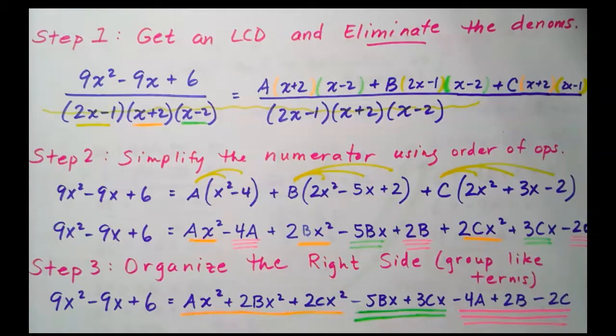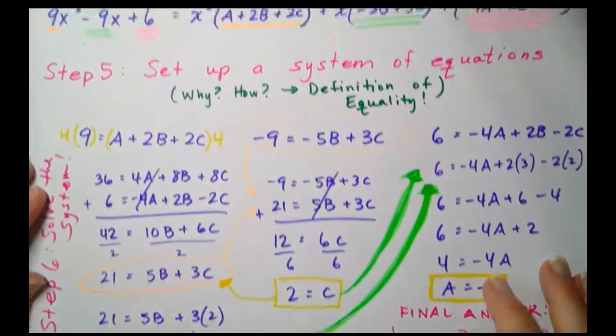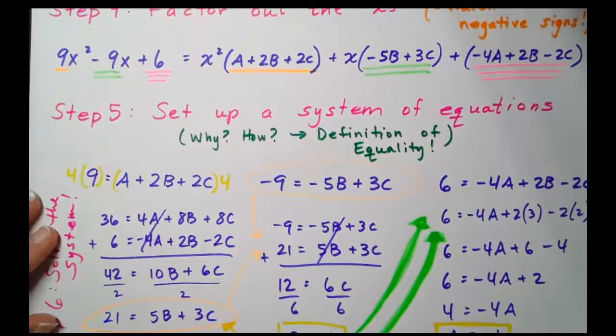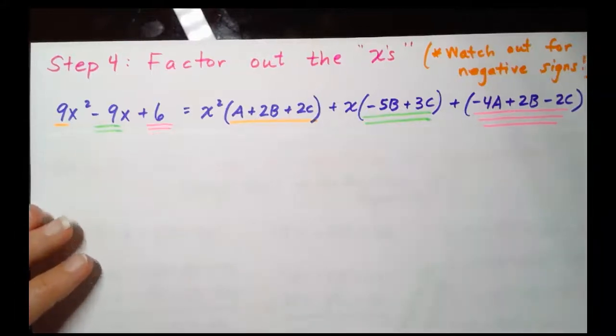Step 2, simplify the numerator while using order of operations. Step 3, organize the right-hand side and group the like terms together. So that was using the commutative property. Now we're going to use the associative property, and we are then going to set up a system of equations.